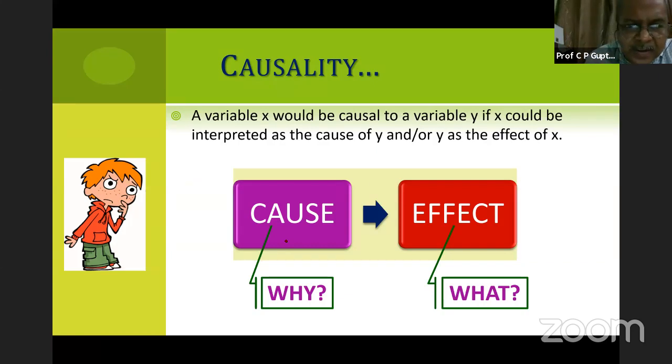So cause is giving you an answer of why something is happening, and effect is what has happened. Okay, so cause gives birth to an effect. That's what we look at as causality.